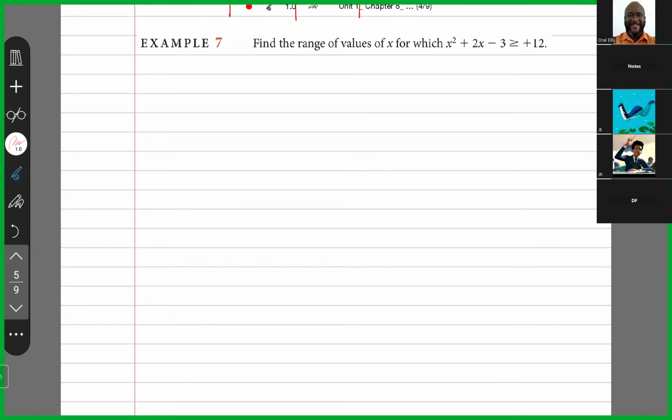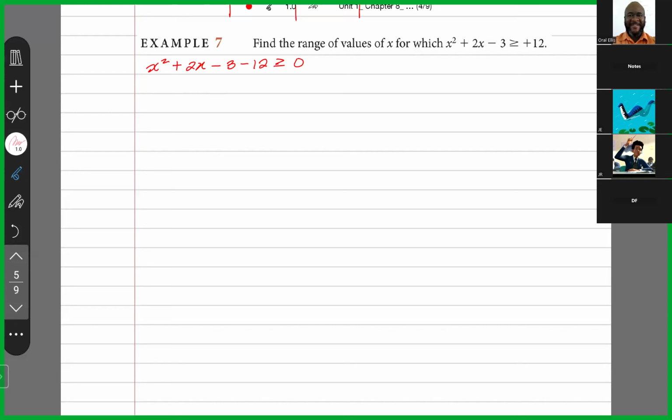Example 7 says, find the range of values of x for which x squared plus 2x minus 3 is greater than or equal to 12. Let's make one side of the inequality 0.